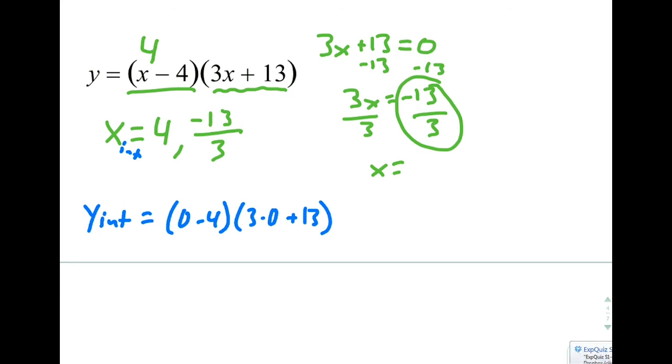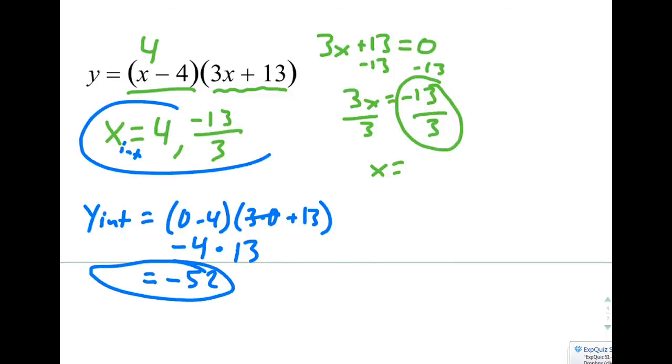And when I do that, I have 0 minus 4, which is just negative 4. Times, over here, 3 times 0 is 0, plus 13, just 13. So then negative 4 times 13, negative 52. So your y-intercept is equal to negative 52.